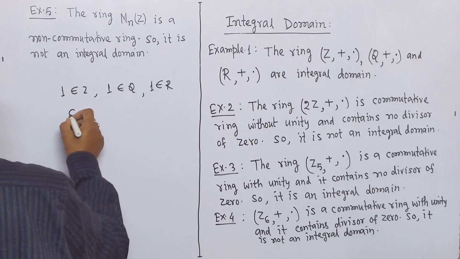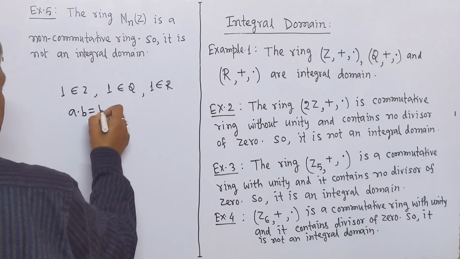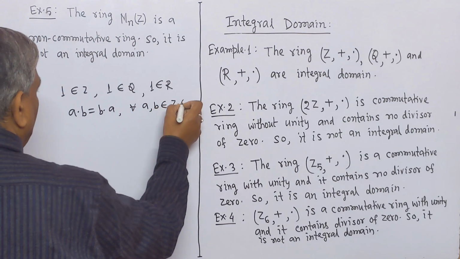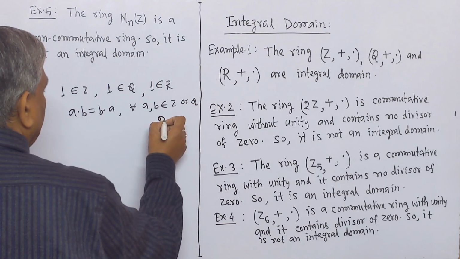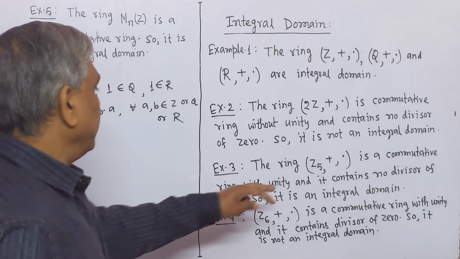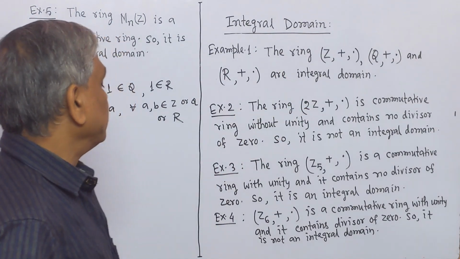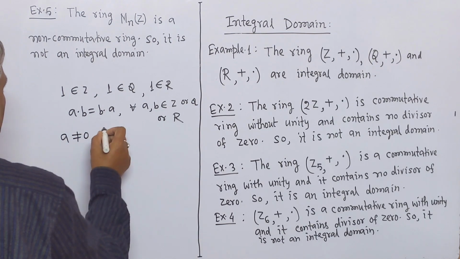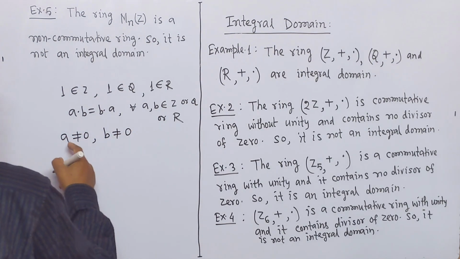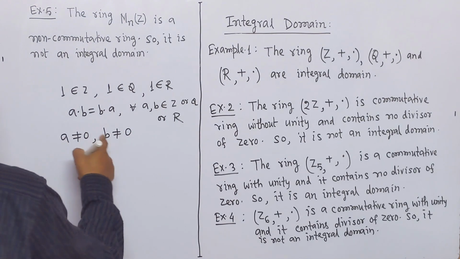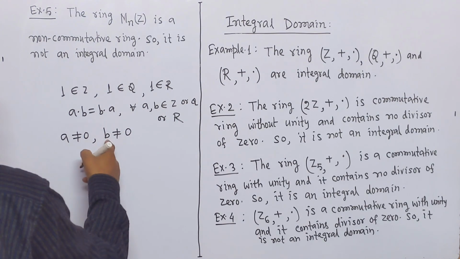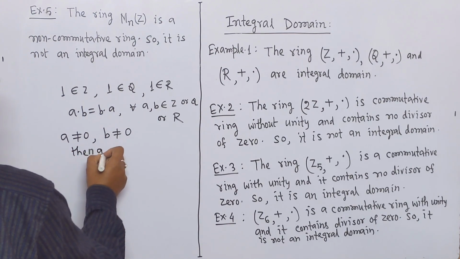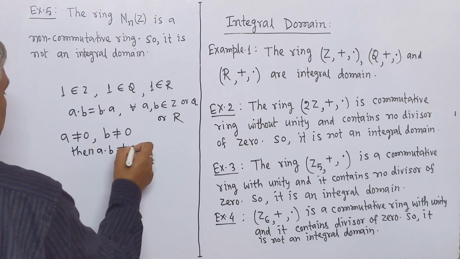Commutativity: A multiply B equals B multiply A for all A, B belonging to Z or Q or R. Having no divisor of 0: if A not equal to 0, B not equal to 0, where A, B may be integers or rational numbers or real numbers, then A multiply B not equal to 0.